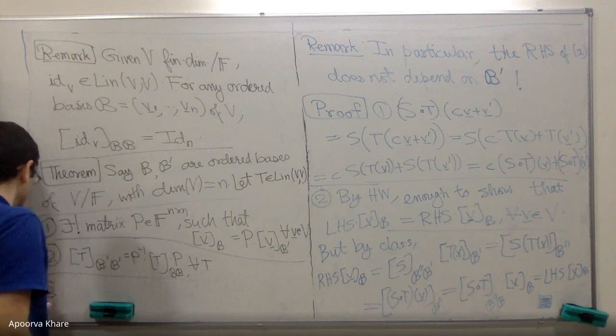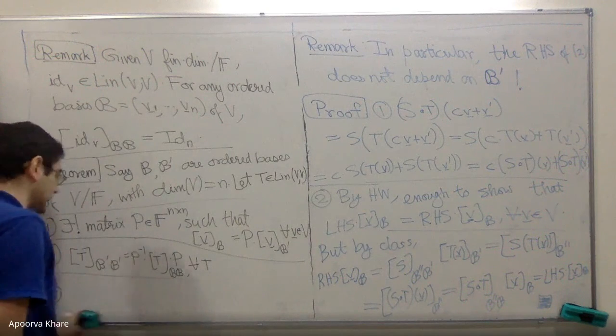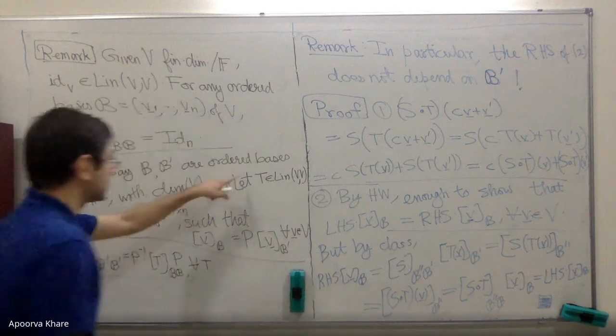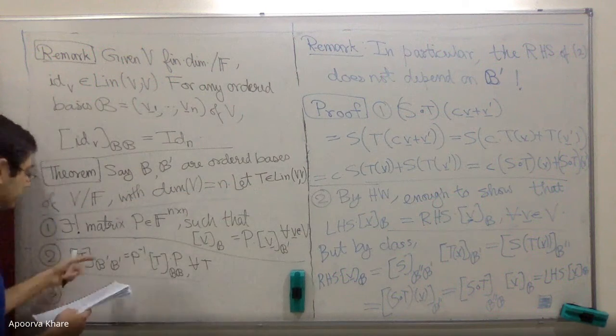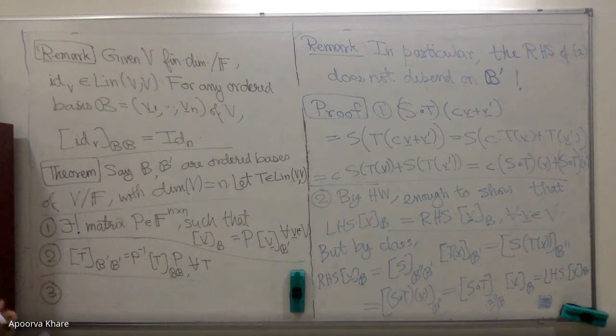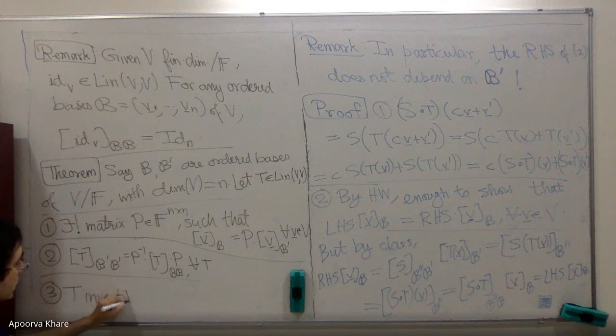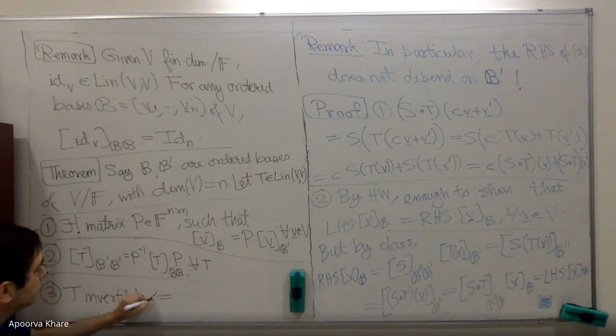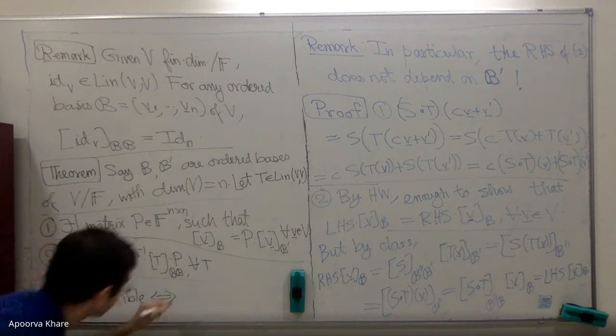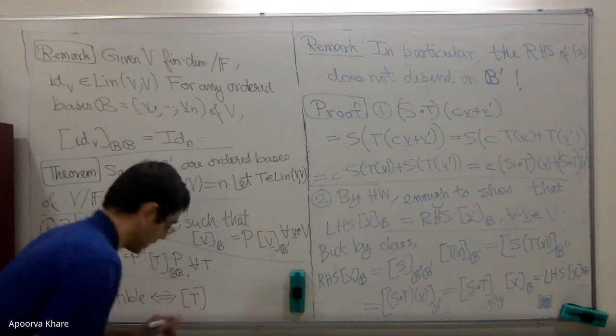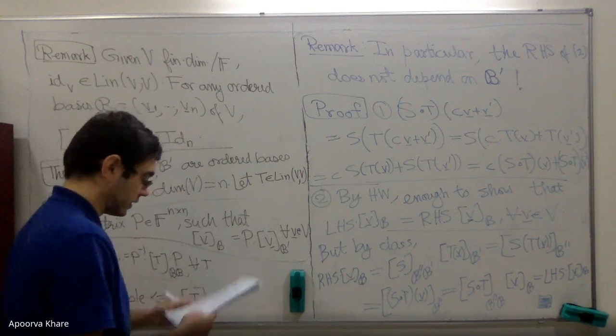And the third is the thing that I sort of said. T is invertible if and only if the matrix of T in this basis is invertible. I'll just say invertible. If and only if the map of T with respect to any basis.